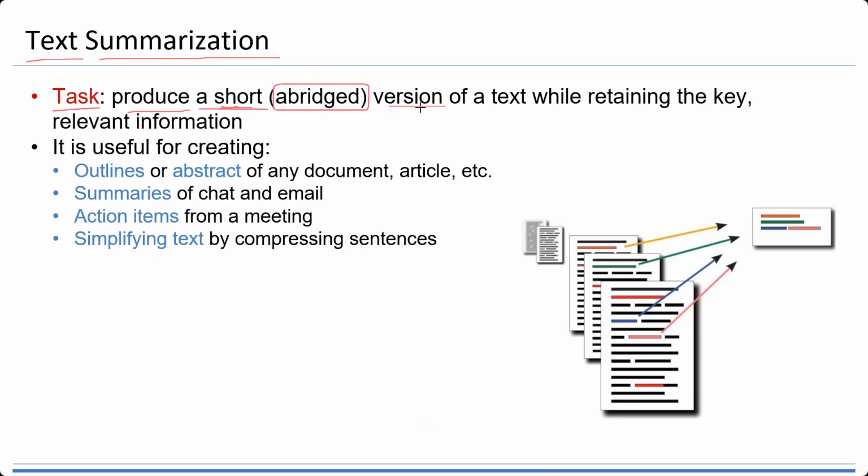So this is a short version of a text while retaining the key. The key means we want to know the key points of the document, and we want to check what is the relevant information.